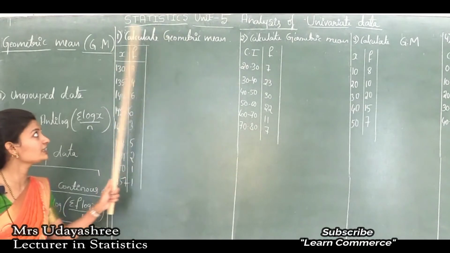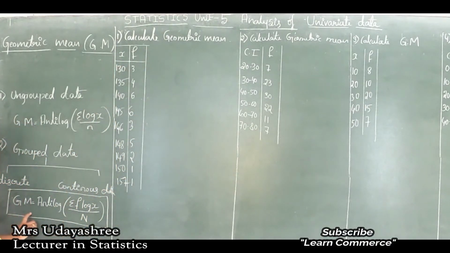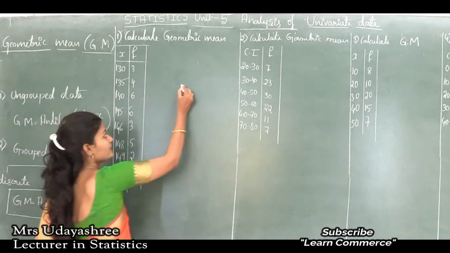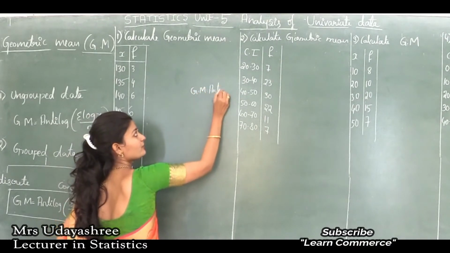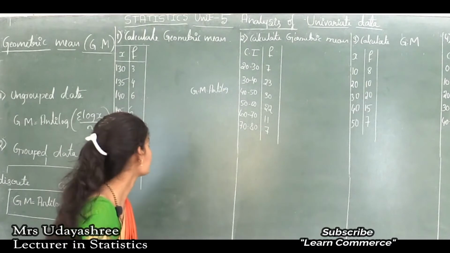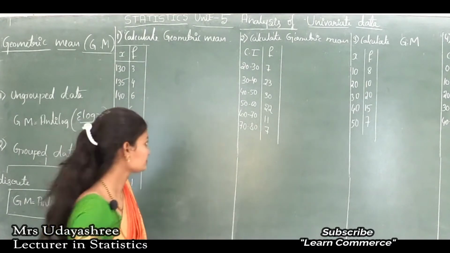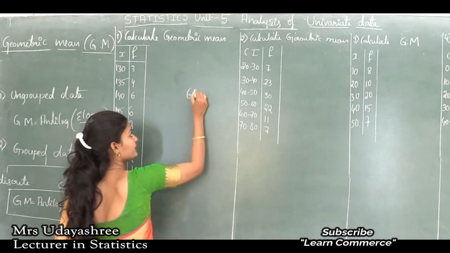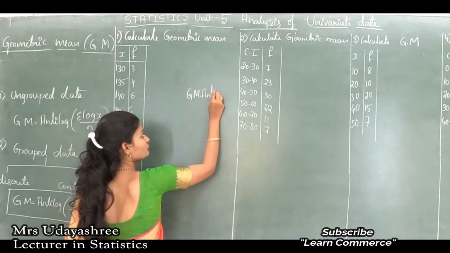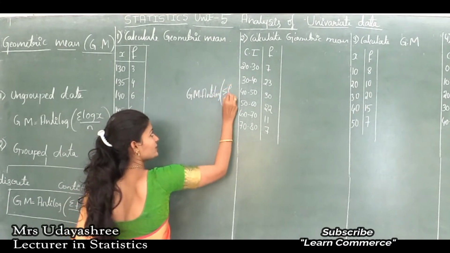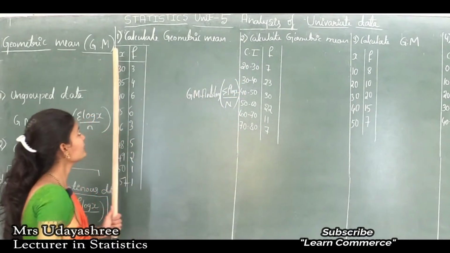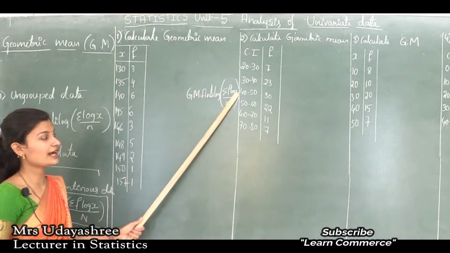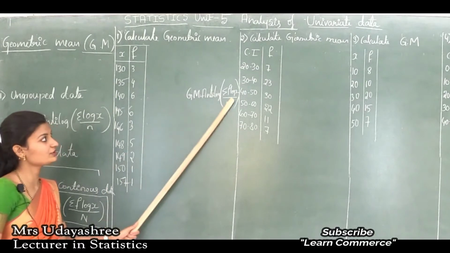To calculate geometric mean in case of discrete frequency distribution, the formula is geometric mean is equal to anti-log of summation f into log x divided by capital N. Here the f observations are given and the x observations are given; next we need to calculate log x.